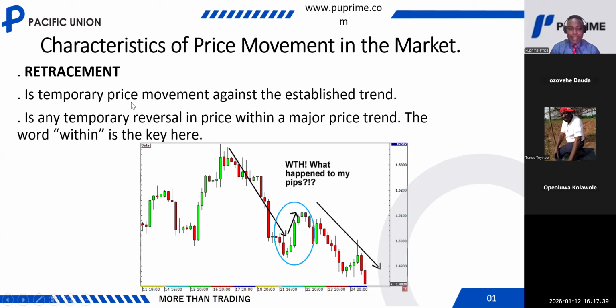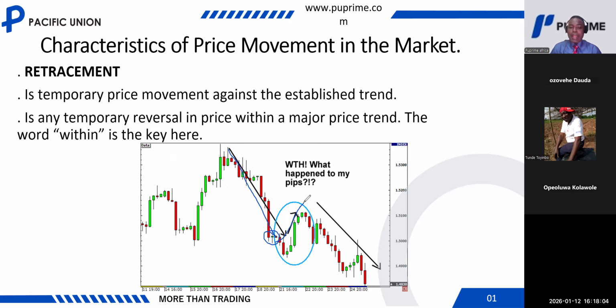So let's explain that. In the diagram on the screen here, the overall direction is bearish. But within that overall bearish direction, in a downward trend, price makes a series of lower highs and lower lows. Since the overall direction is bearish, when price makes a lower low, it's in line with the overall direction.